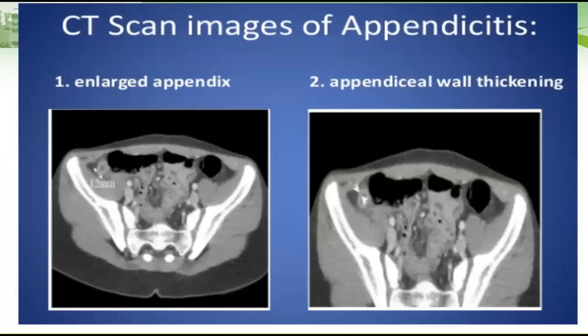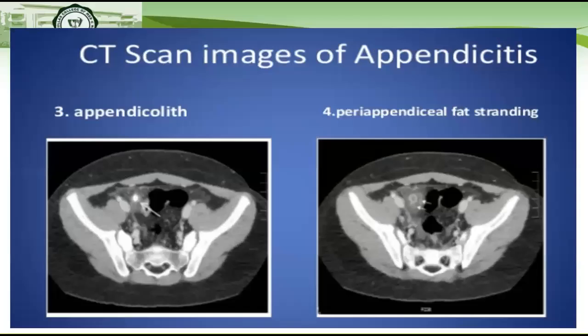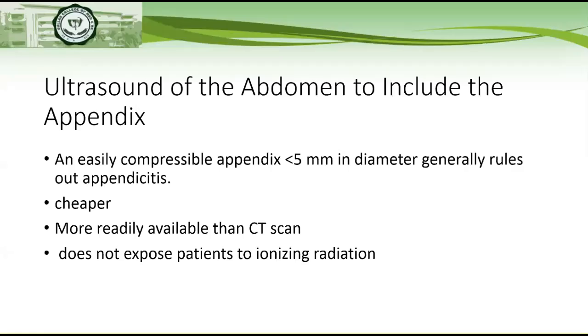So you have here on the first slide an enlarged appendix. The second slide is an appendiceal wall thickening. Third slide, you have an appendicolith. Fourth slide, you see periappendiceal fat stranding.